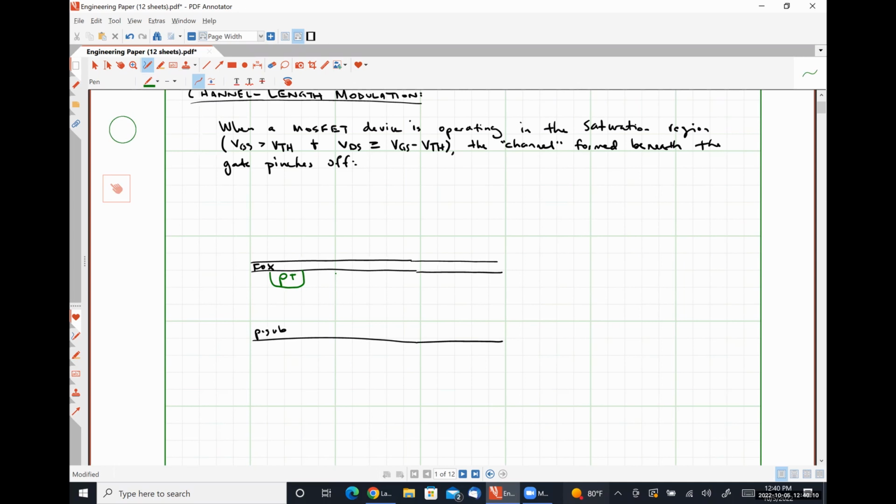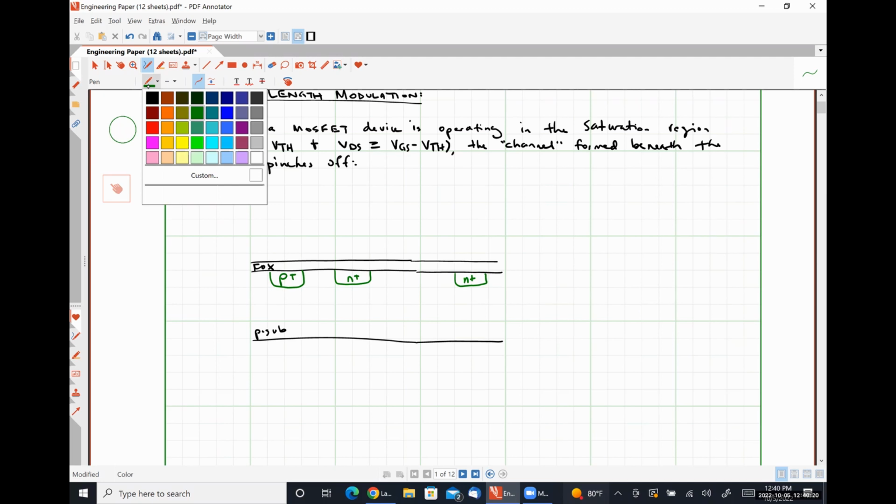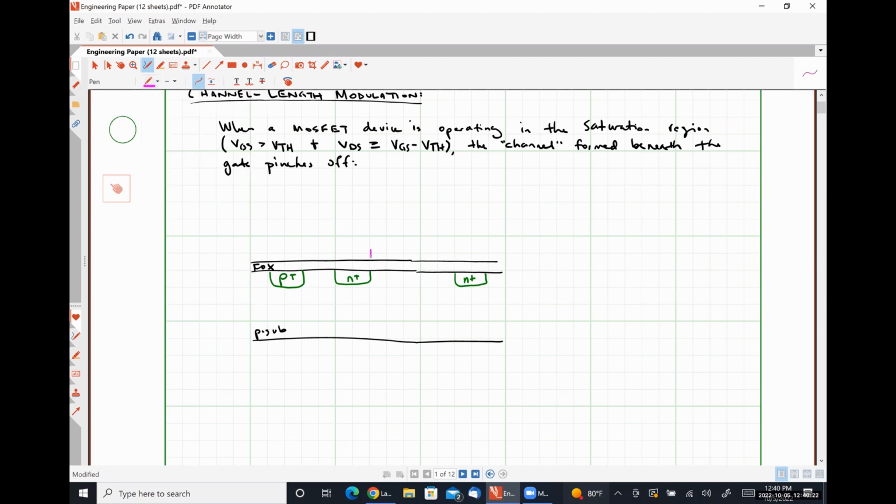It's going to be P plus. Here is our source connection. That'll be N plus. Over here is our drain connection. Here's our poly gate. And let's just say our body connection is at ground. Our source connection is at ground.